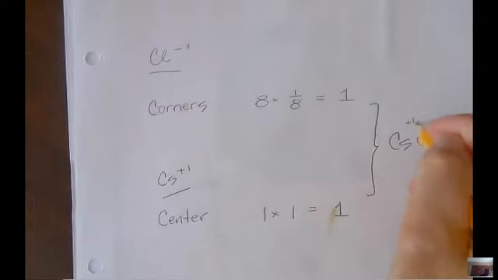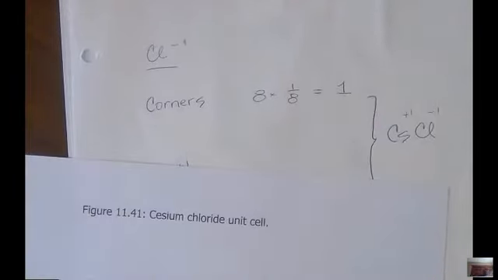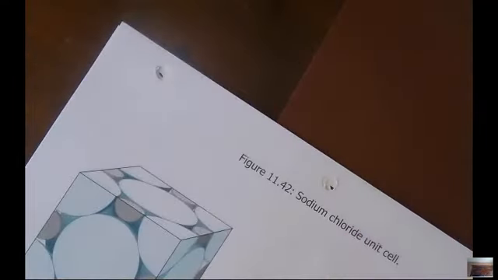And you secretly know that makes sense because cesium's position on the periodic table means it's almost always +1 and chloride is -1. Let me see if I show you that. Okay, and then we're going to do another example. Let's do sodium chloride, which is even more interesting.